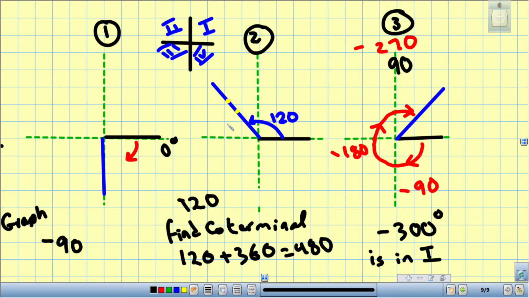How much left from the 120 to get me to the 180? That's my closest x-axis.